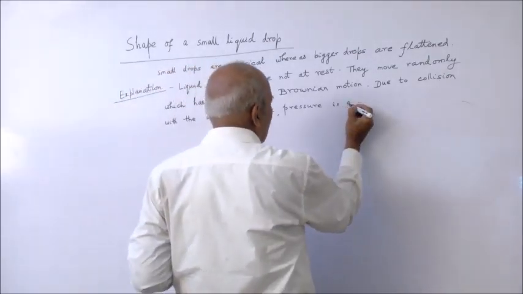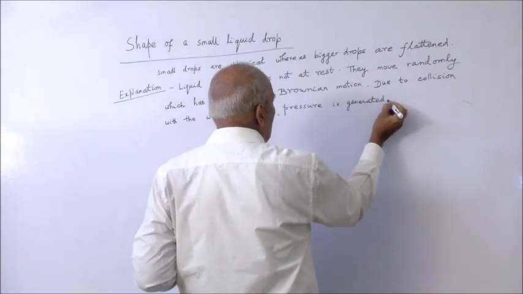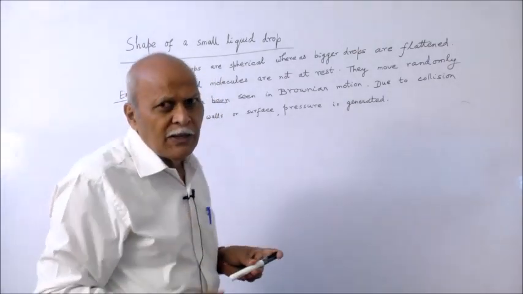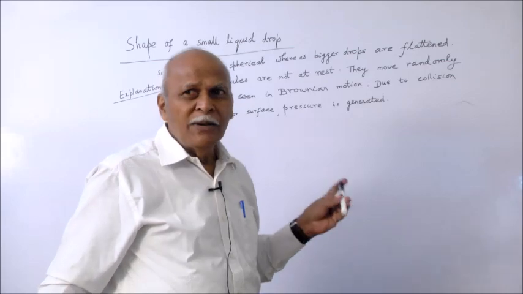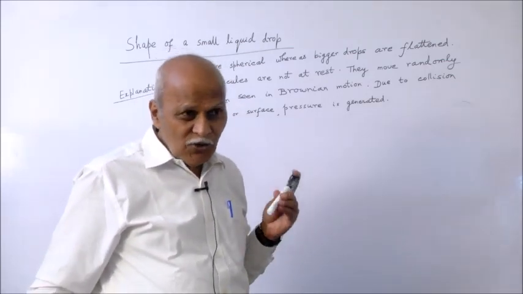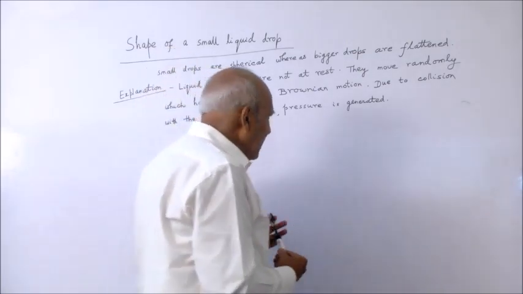So, pressure is generated, and the argument is how much is the pressure, because atmospheric pressure is say P0 and it must be greater than that, because if it is not so, then how is the liquid able to maintain its shape.